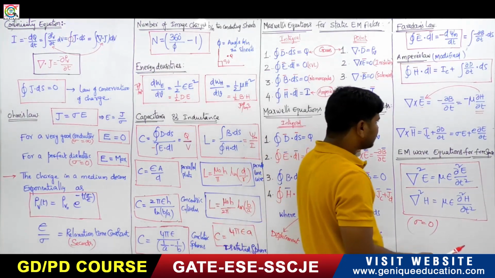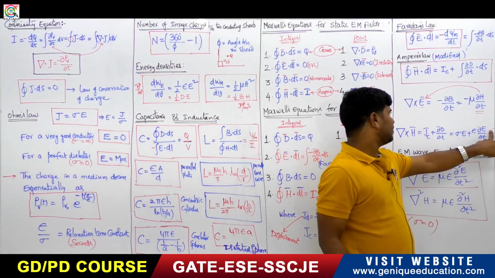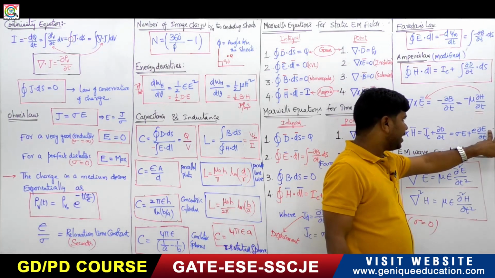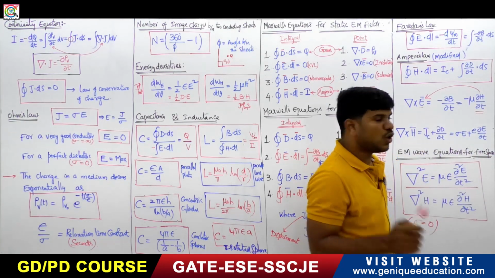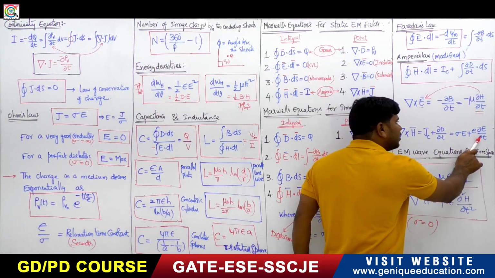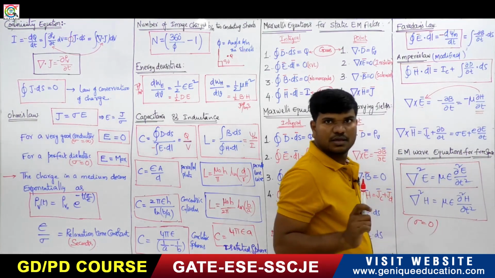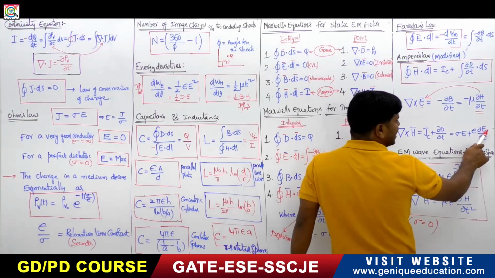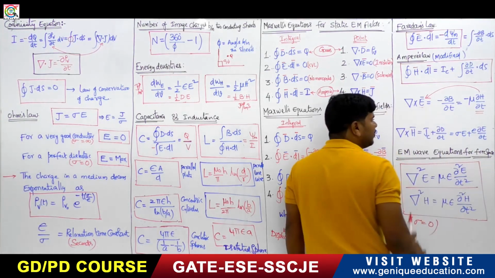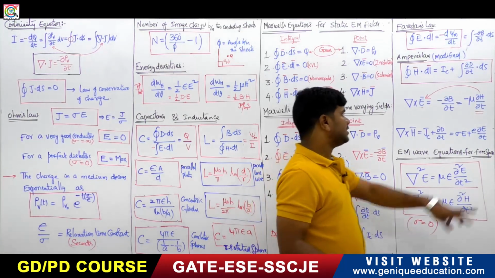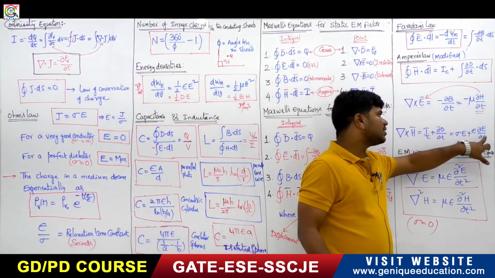Similarly, if you take the electric field and change it with respect to time, already we know the time varying electric field is a current format, right? So if you change the electric field with respect to time, what's happening?